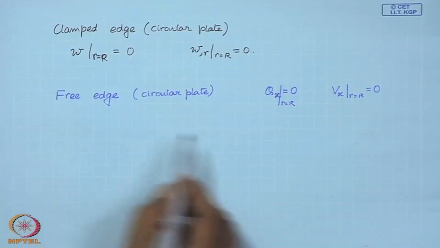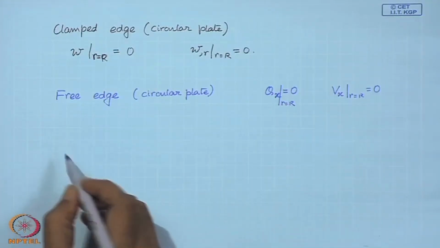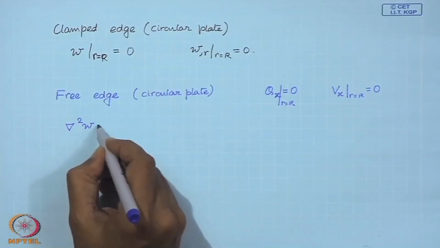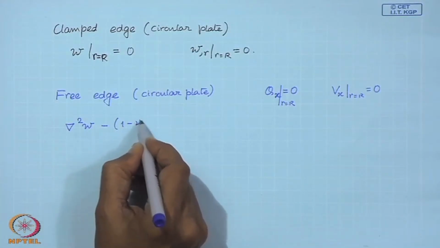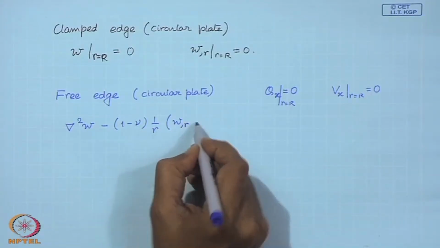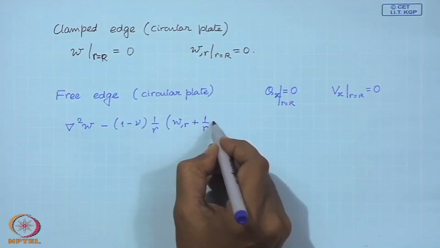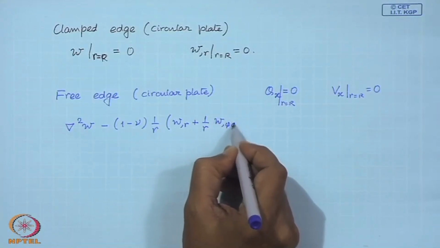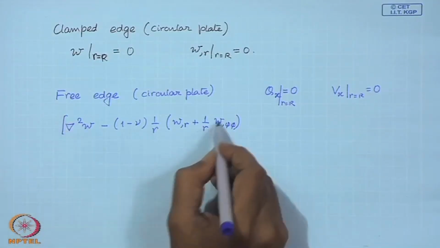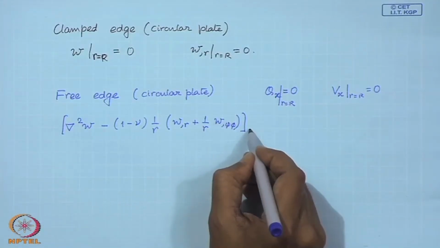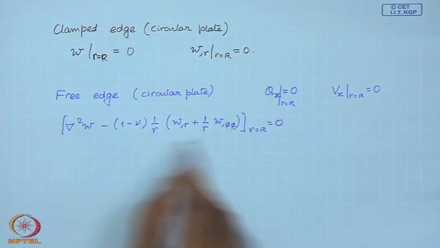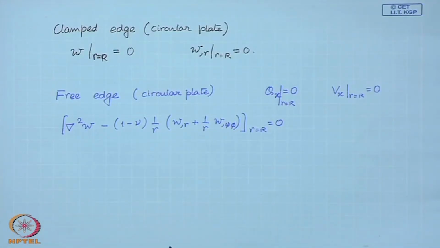So, corresponding to these boundary conditions for the circular plate, they are as follows. This comes from the out of plane shear.